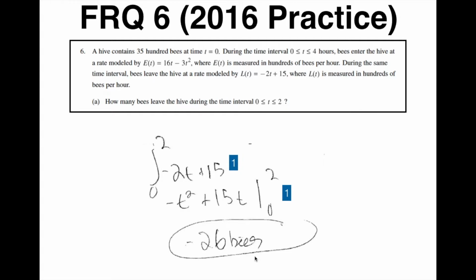If it was a rate, that's okay to have a negative number of bees per hour, because that would just mean the number of bees is decreasing, but negative 26 bees in and of itself doesn't mean anything. Also, we know that the correct answer is actually 2,600 bees, not 26 bees, but it looks like in other exercises that the graders did not take points off for this unit mistake.